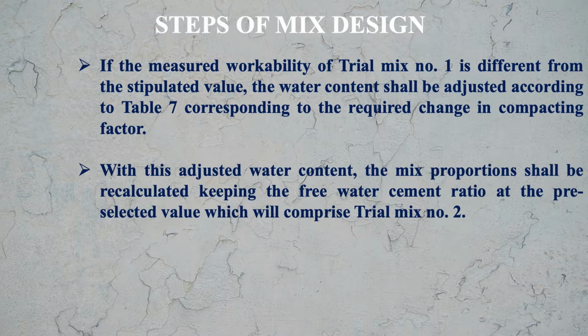With this adjusted water content, the mix proportions shall be recalculated keeping the free water cement ratio at the pre-selected value, which will comprise trial mix number 2. So after adjustment, we'll go for trial mix number 2.